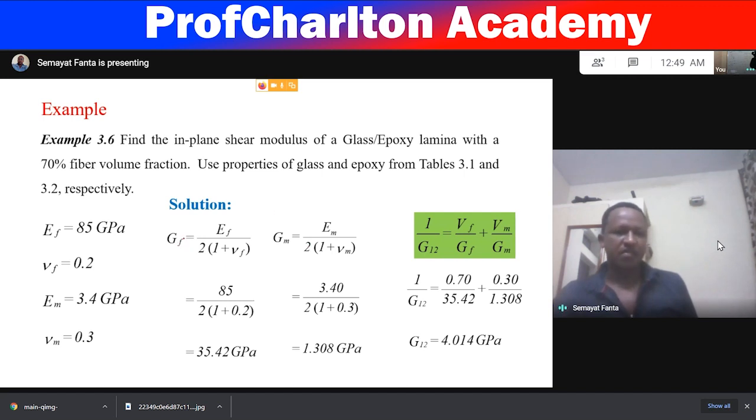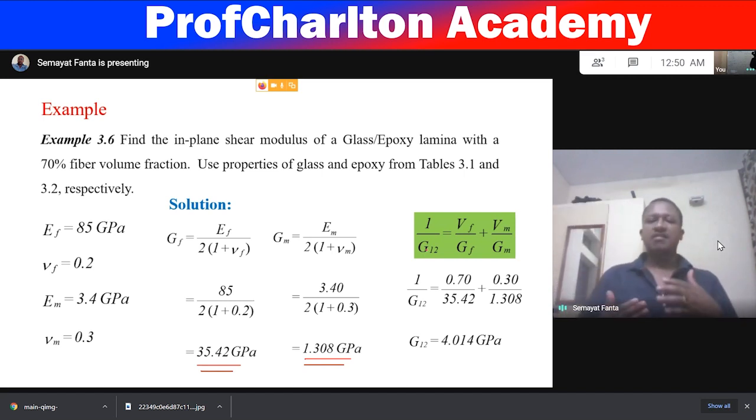The shear modulus is related to its Young's modulus and Poisson ratio in this manner. So it comes directly from there. So we will find Gf, which is equal to this. We calculate Gm, the shear modulus of matrix, this, and finally we have to find the shear modulus in the 12 direction.